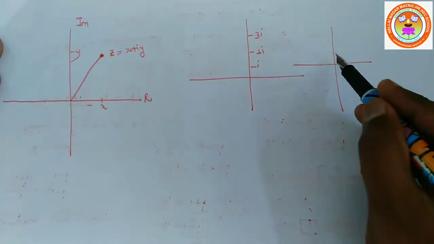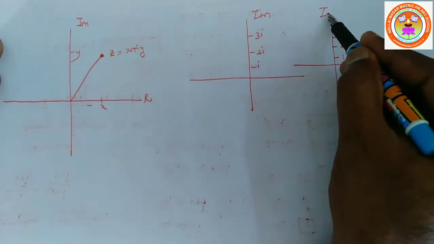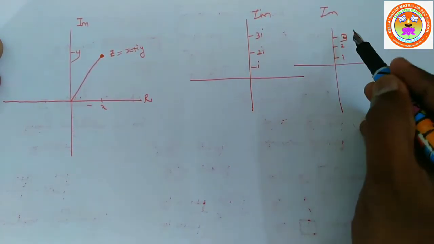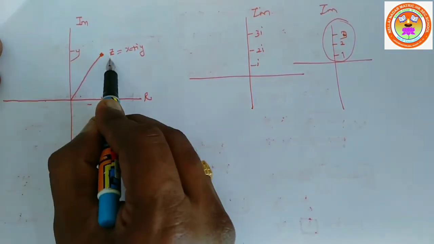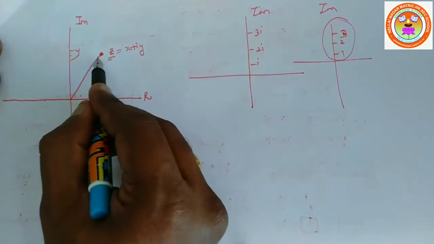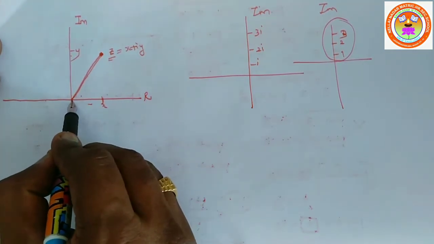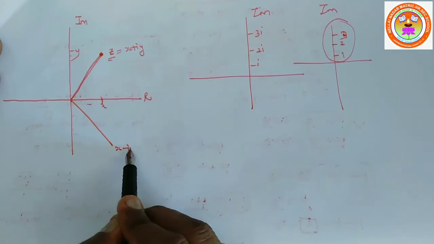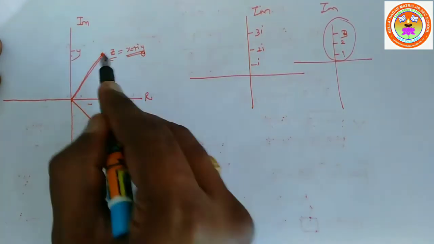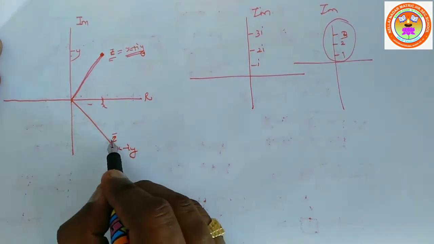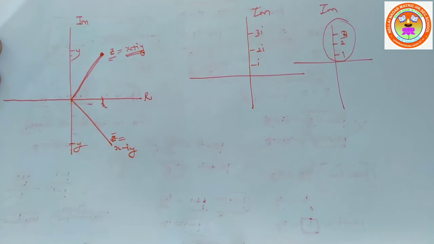In most textbooks they will write 1, 2, 3, but this is imaginary, so you need to put i. This is x distance, this is y distance. Its reflection will be nothing but the conjugate, x minus iy. This is x plus iy, z, and this will be z bar, which is x minus iy, so minus y, minus iy.